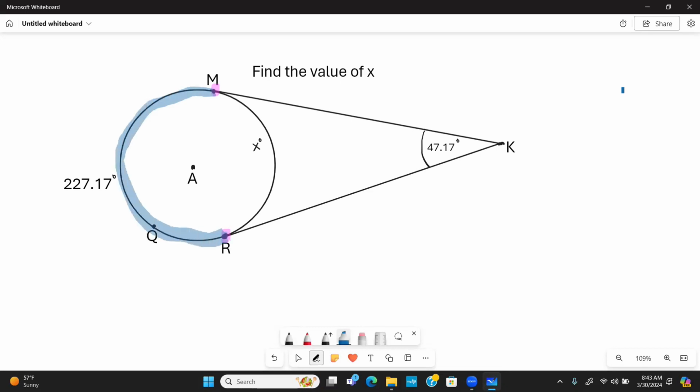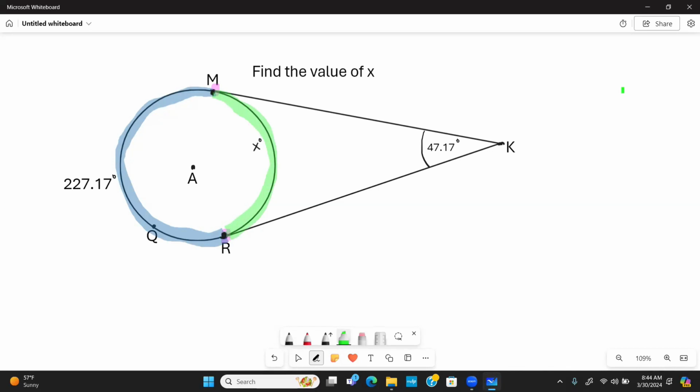This is the larger arc produced by these tangents at point M and point R. That's the larger arc. And then the smaller arc would be in green right here from M to R, right? So we have two arcs.